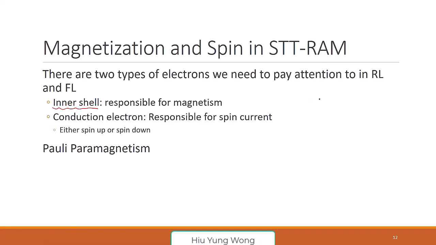Okay, so how to draw it? Let's say you have an atom here, right? And you have this inner shell, okay, 2, 2, and then maybe 8, right? They are going to have the so-called magnetization. For example, they're pointing up.